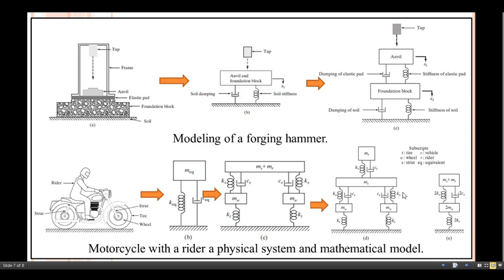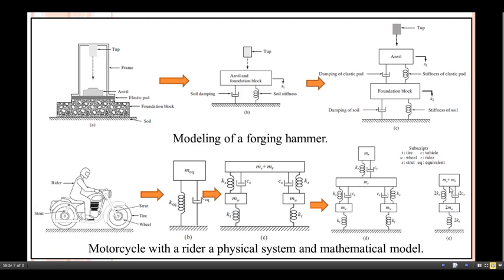Similarly, for the dampers we can get the equivalent damping coefficient. The two bottom springs are connected in parallel, which is why 2kt is written here. Similarly, two dampers are provided in parallel, so 2cs is written.